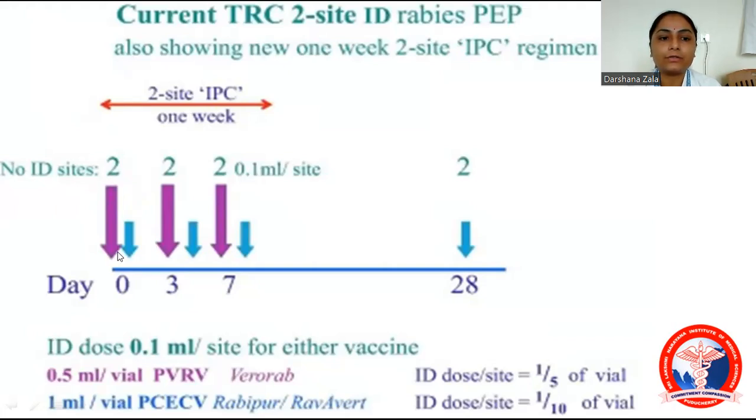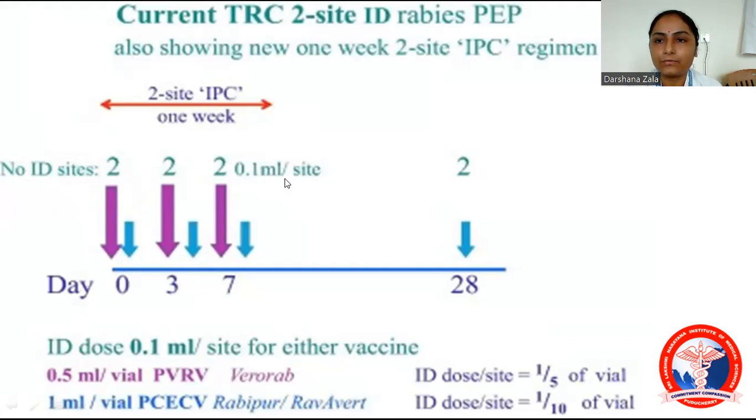On day 0 of the injury, the patient will receive 2 doses. Then on the 3rd day also 2 doses, on the 7th day also 2 doses, and on day 28 also the patient will receive 2 doses.